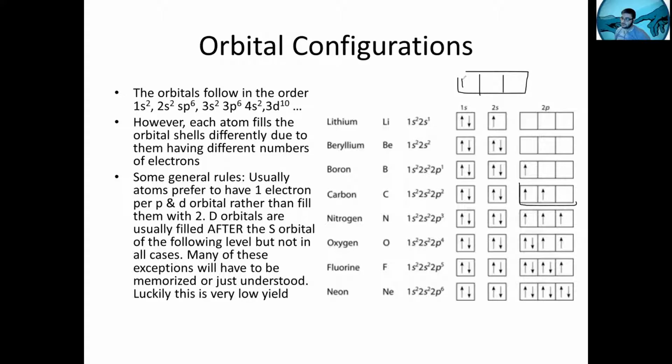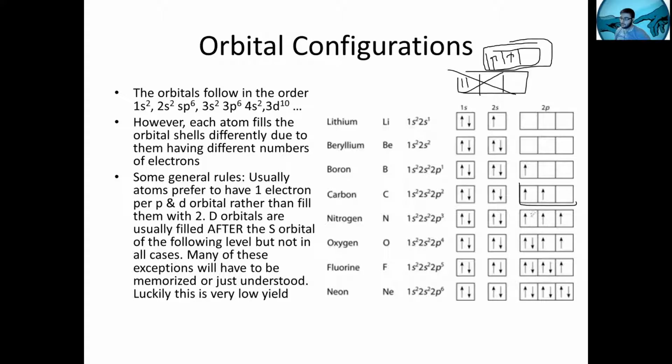So the 2 options really are 2 in the first box, and then the rest of the boxes blank. Or what you see here, where the first 2 boxes have 1 each, and then the third one is blank. Usually it will prefer to do this before it does this. And you can see that again here for nitrogen.